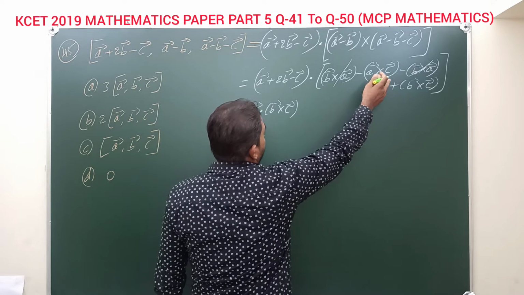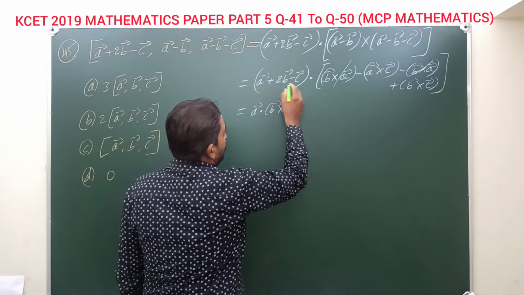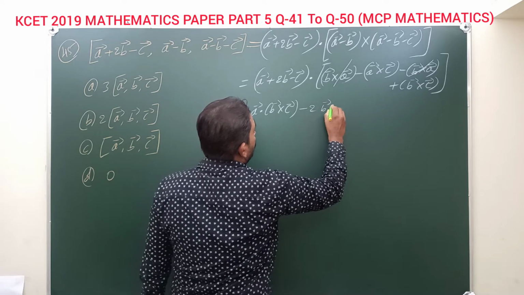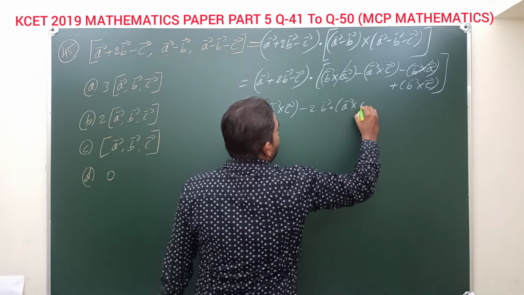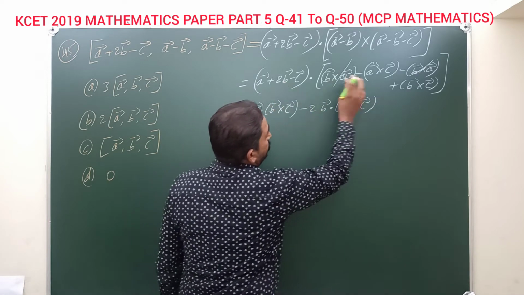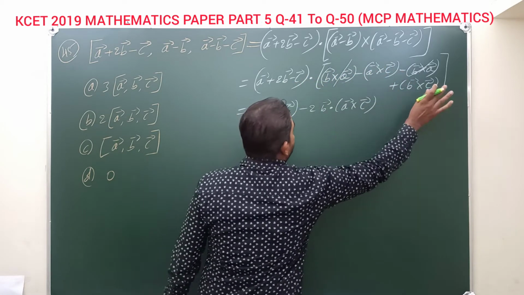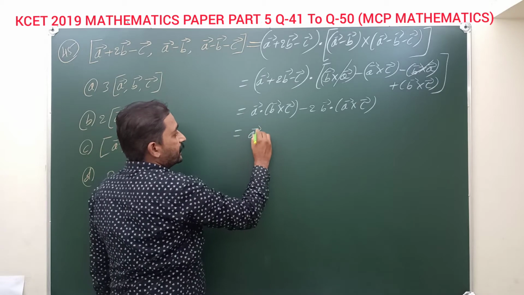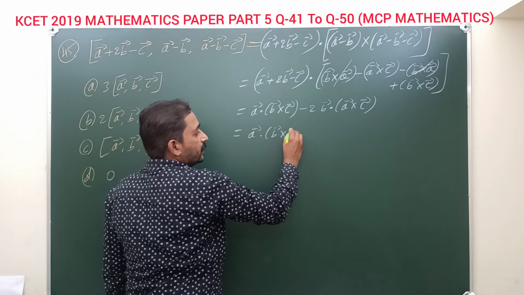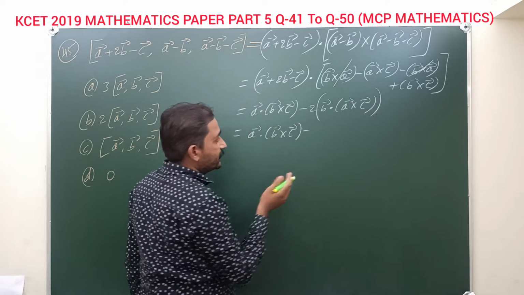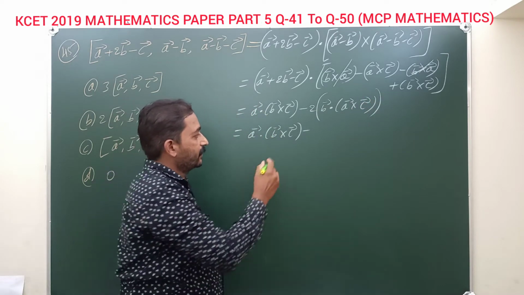A cross C can be written as C cross A. So first we can write plus minus 2B dot A cross C. Next B is there, it becomes 0. Here C is there, it becomes 0. Here also C is there, it becomes 0. So it can be written as A dot B cross C. Here one vector is interchanged, minus taken outside, it becomes plus.